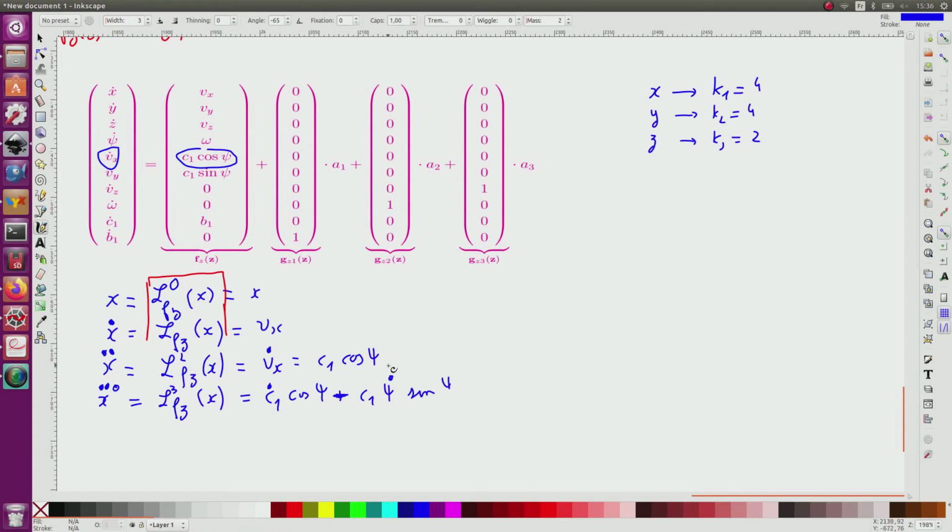Okay, and now I know that c dot 1 is equal to b1, and psi dot is equal to omega. This is why it corresponds to b1 cos psi minus c1 omega sin psi, and up to now there are no inputs, no a1, a2, a3.